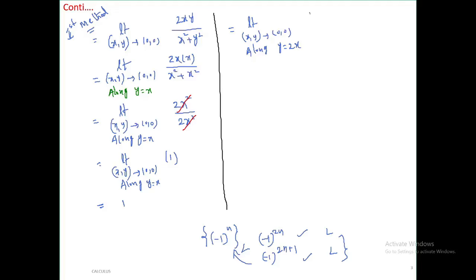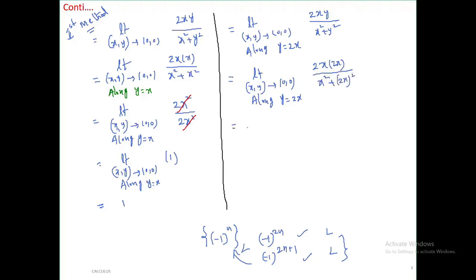Now what is this, 2xy upon x square plus y square. So limit x comma y going to origin along y is equal to 2x. Now this is 2x into 2x. Instead of y I am substituting 2x, over x square plus 2x whole square.